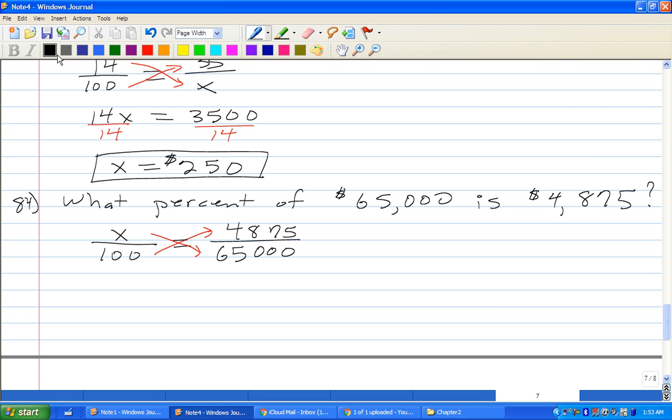So I have 65,000x is equal to 4,875 times 100. So $487,500. Divide both sides of my equation by 65,000.